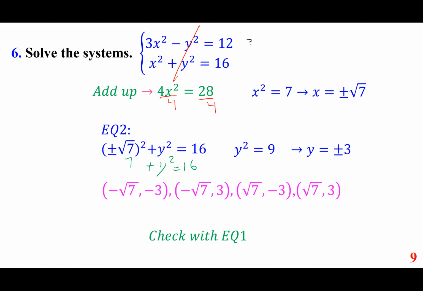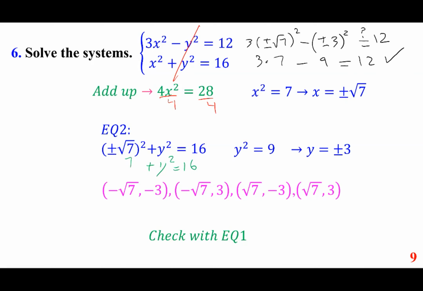So if I go with 3 times plus minus square root of 7 squared minus y, which is plus minus 3 squared, and I put a question mark because I'm looking for 12. I hope you realize this is 3 times 7, and this is minus 9, and 3 times 7, 21, minus 9. It checks. Notice we came up with the correct answer.